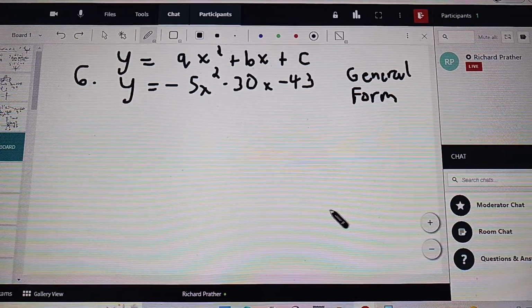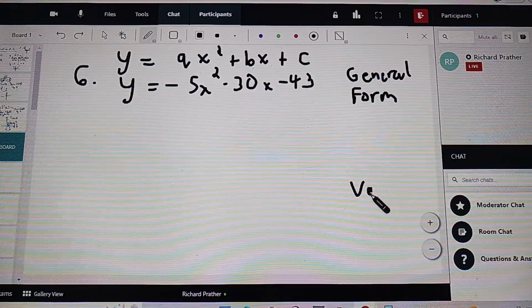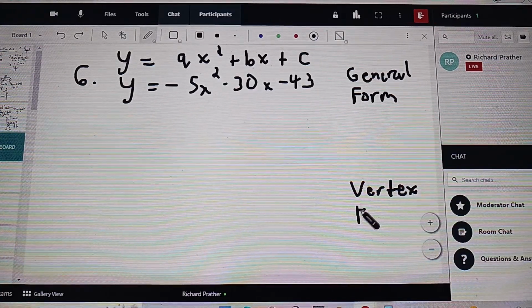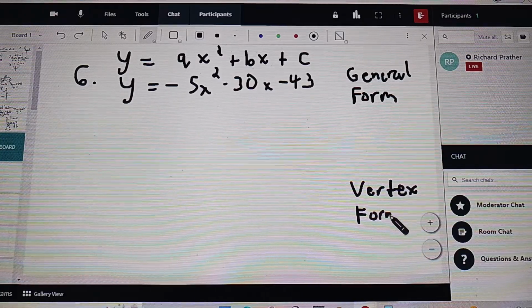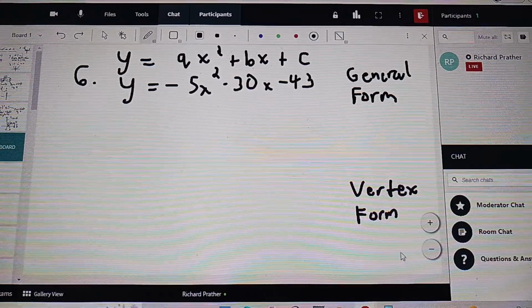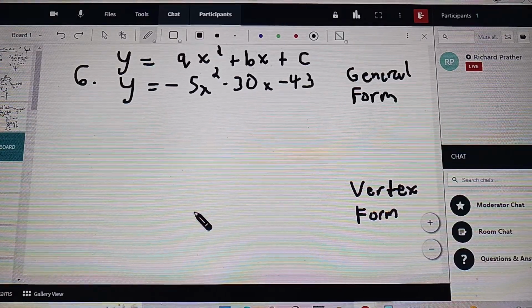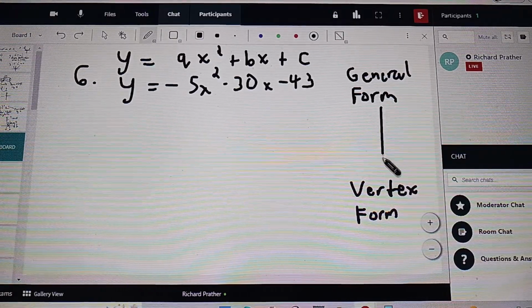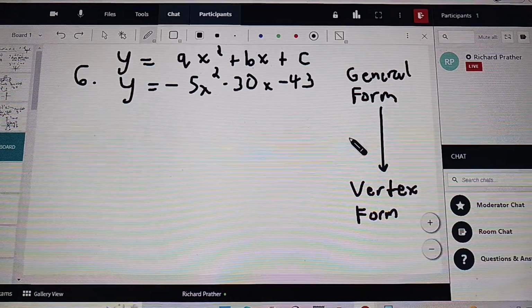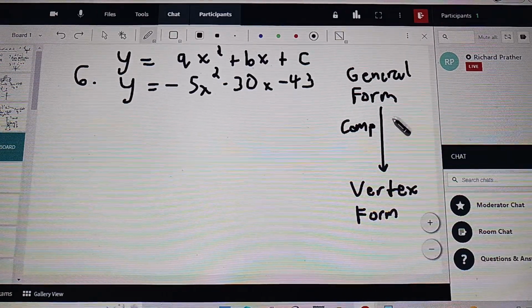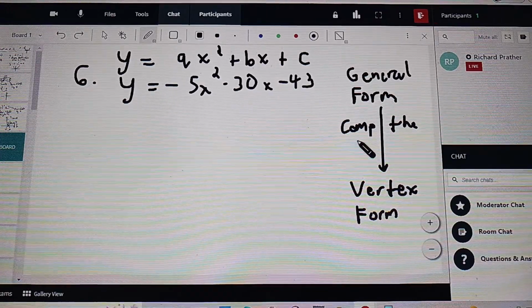Now you want to turn it into what's called the vertex form, because then we can see the vertex of a parabola, which is the most special point of a parabola. It's the point where the parabola changes directions, the one time it changes directions in the whole graph. So one way to go from the general form to the vertex form, the only way to really do that, is completing the square from algebra. Complete the square.